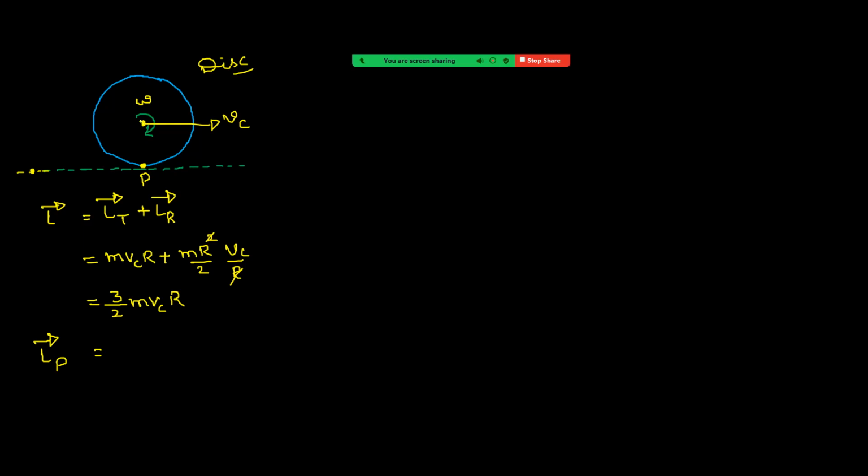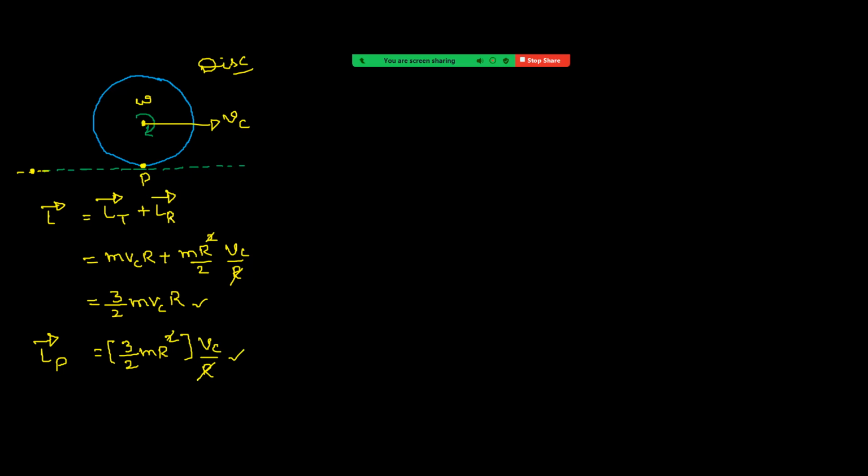It's a virtual axis, and this is parallel to that axis. So about P, the I value is MR square by 2 plus MR square, that is 3 by 2 MR square. That is the I value about the axis passing through P, into omega, and omega is Vc by R.